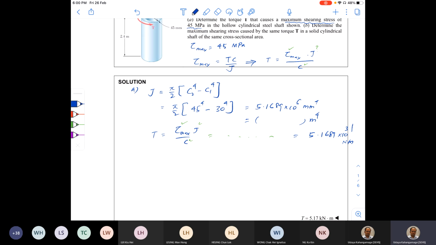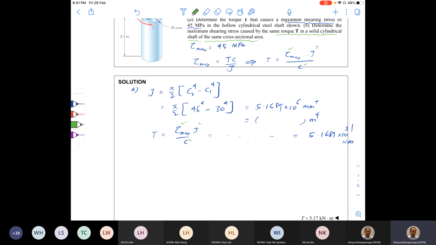Part B: determine the maximum shearing stress caused by the same torque T in a solid cylindrical shaft of the same cross-sectional area. That's a challenging part, but I hope you should be able to do this one easily as well. Determine the maximum shearing stress caused by the same torque T in a solid cylindrical shaft with the same cross-sectional area.